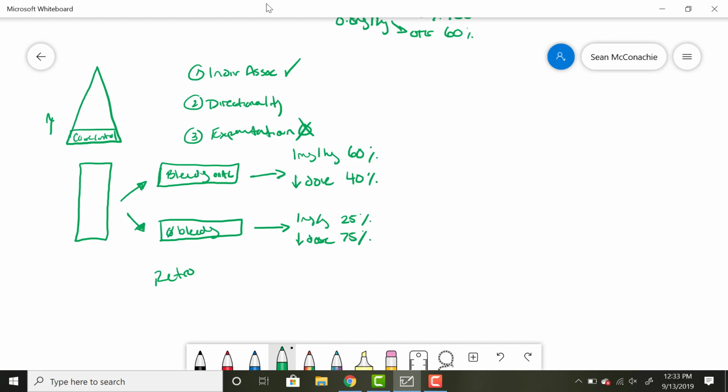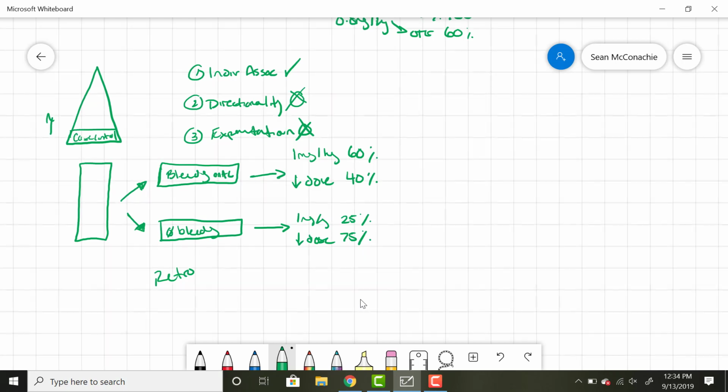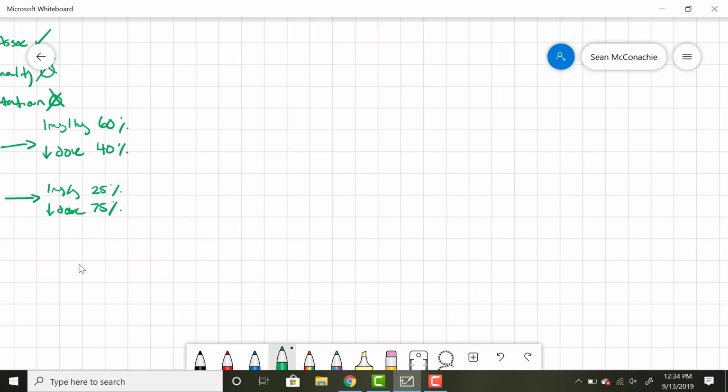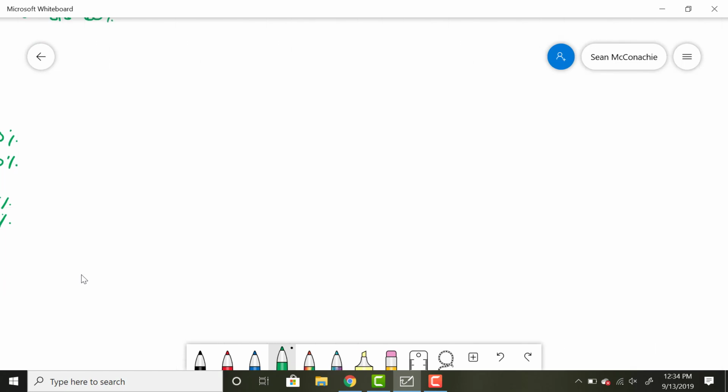We might attribute a bleeding episode to the Lovenox when actually the bleeding came first, just happened before the Lovenox even was started. So in this case, usually we say that we can't fulfill directionality as well as we would like to in case control studies, although we can in really well-designed studies. But for the purposes of this discussion, we'll say that we're not fulfilling directionality, meaning cause preceding effect.